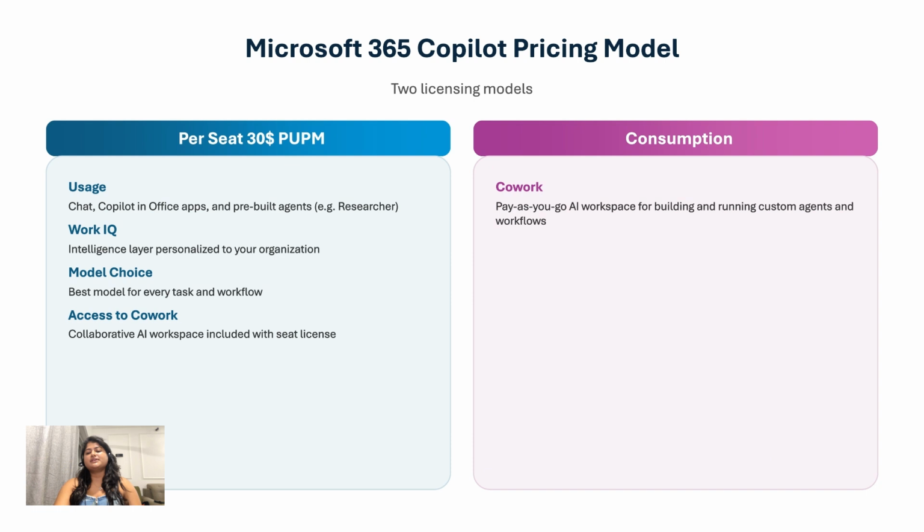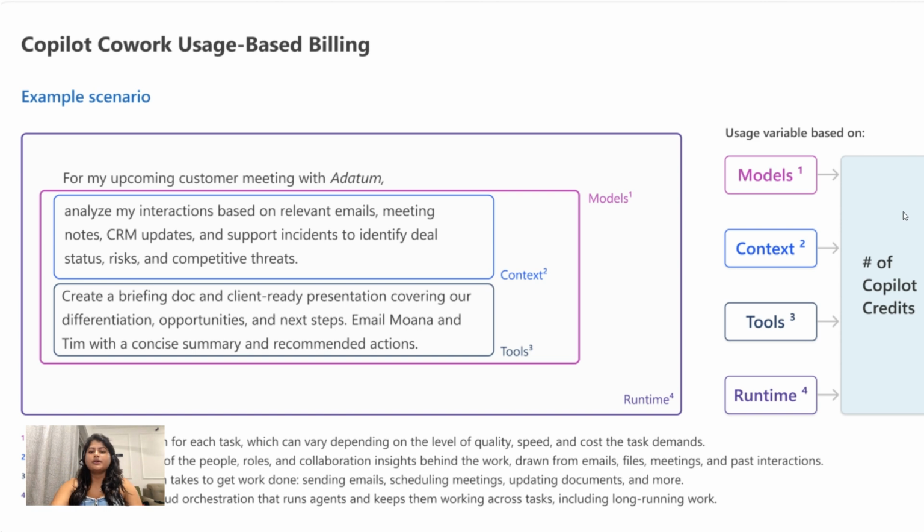Now the next question is, what actually impacts the cost when you use Cowork? There are mainly four factors contributing to this. The first one is the model that you're using. Different AI models have different costs. The second one is the context, which basically means how much data or information you provide in your request. More context would obviously mean more processing.